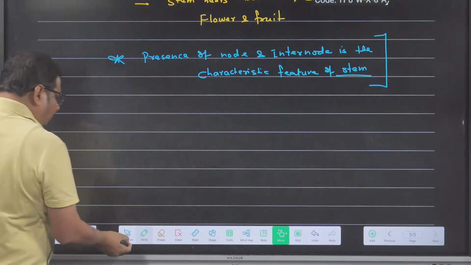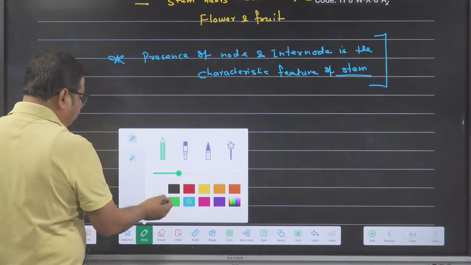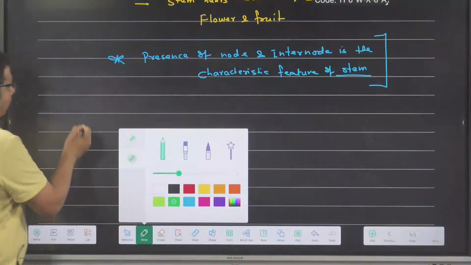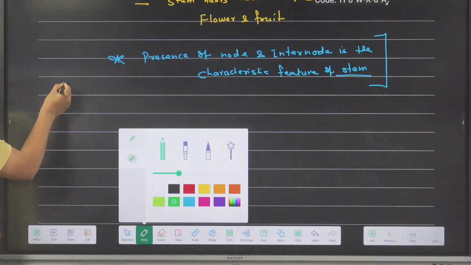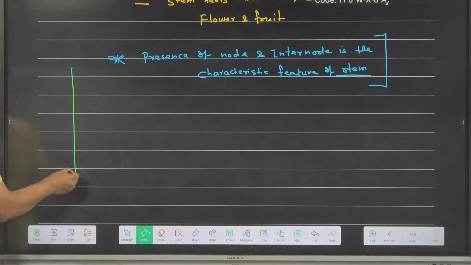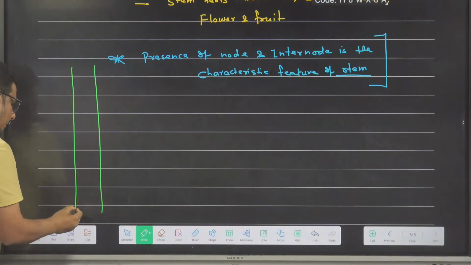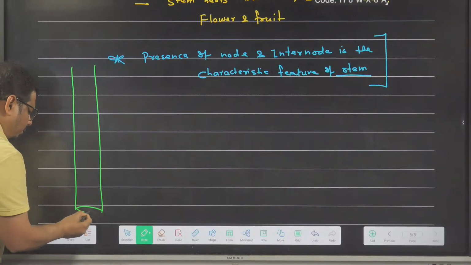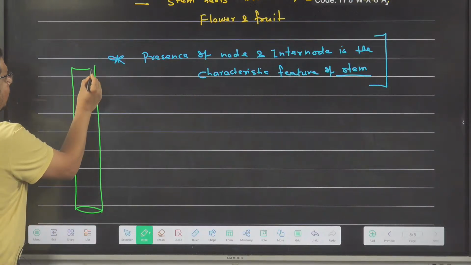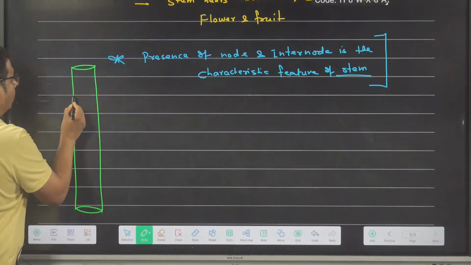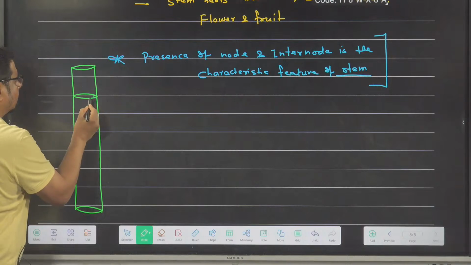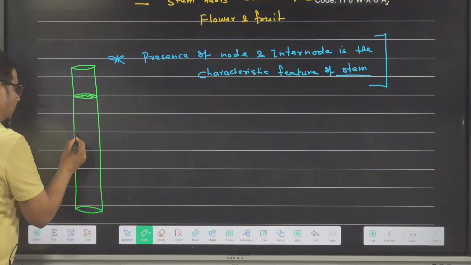So if I draw a structure of a stem, you will find like some of the stem, I am making a prominent stem. Suppose that it is a bamboo stem. In bamboo stem, you will find prominent node and internode are there. This is node.